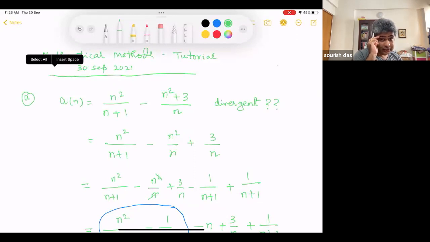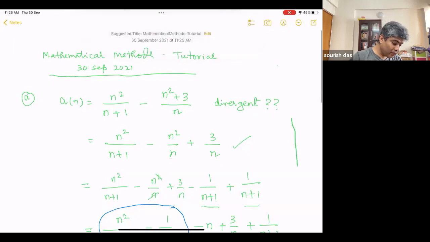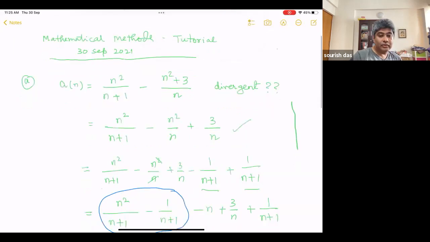It is better you simplify the problem. Up to this, you can always simplify immediately. This trick needs a little bit of practice to develop, to understand when and where this kind of trick will be used.